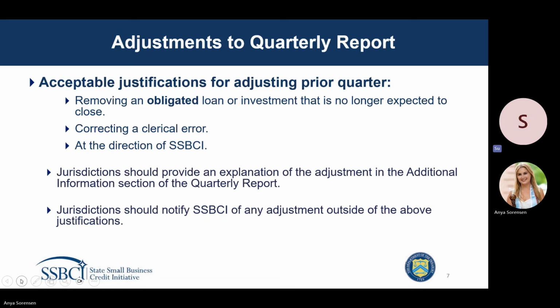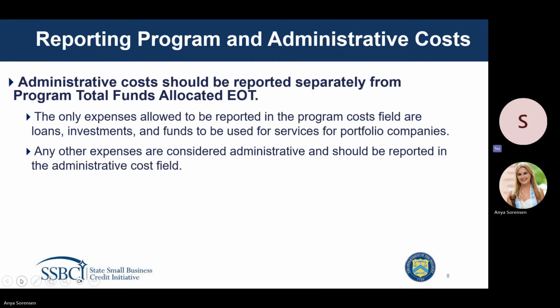Moving on to the next slide on reporting administrative costs. Administrative costs should be reported separately from program funds EOT. Program funds EOT should only include loans, investments, and funds to be used for 171 amounts for services for portfolio companies.